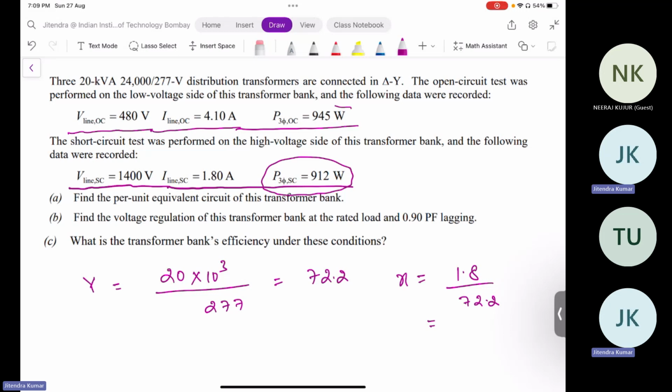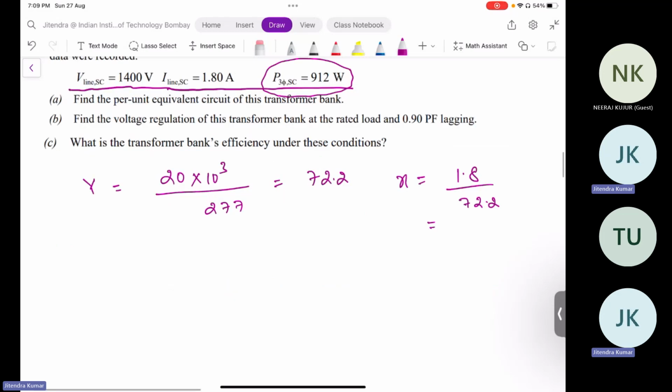Now the core loss is also given, and it is a constant loss, right? So now we will go step by step. The first part is to find the per unit equivalent circuit of the transformer bank, so we will draw the equivalent circuit of the transformer bank.